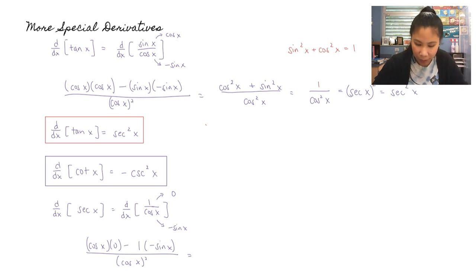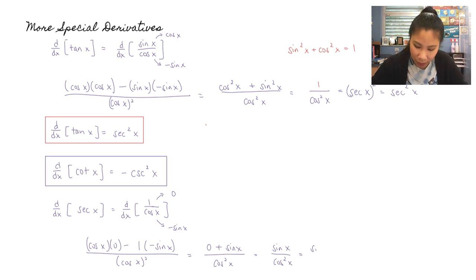So cosine times 0 is just 0, and then plus sine x over cosine squared x. So this is the same thing. I can rewrite this. 0 plus sine x is just sine x.